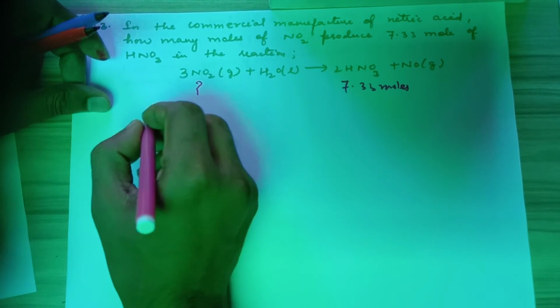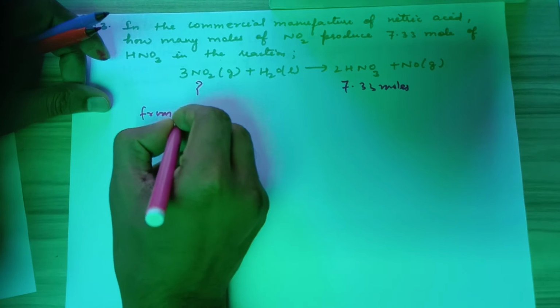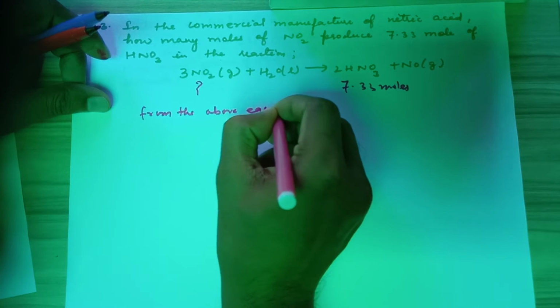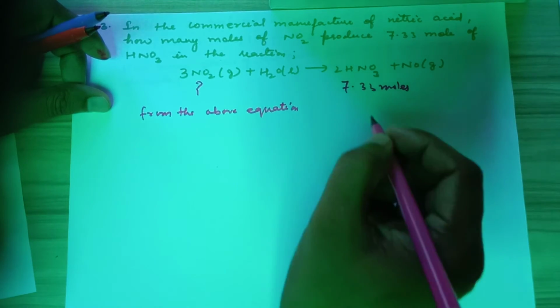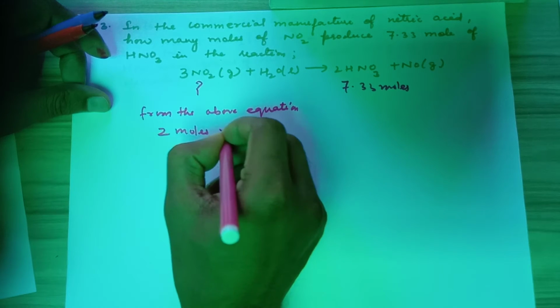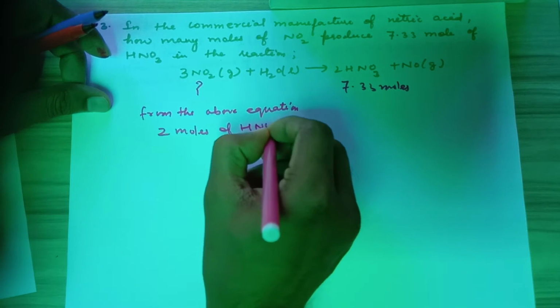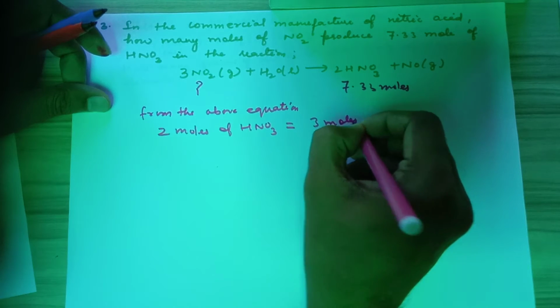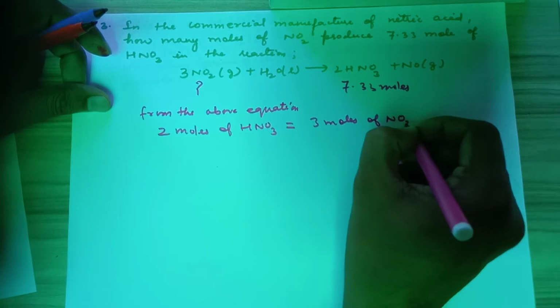So from the above equation, the interpretation is that 2 moles of HNO3 gives 3 moles of NO2.